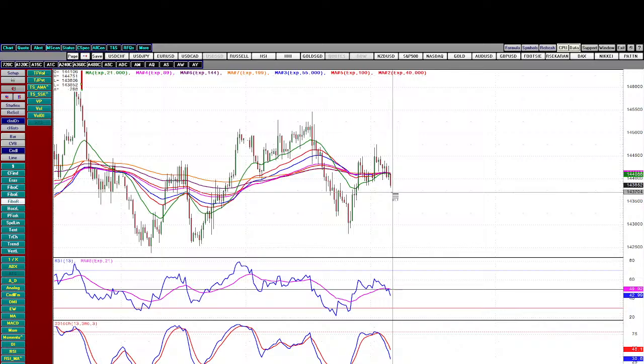Sell at 143.95, 144.30 and 143.55. There is a 45 pips move which we are expecting before the price reaches here. Cautious sell, and this is a dodging trade.